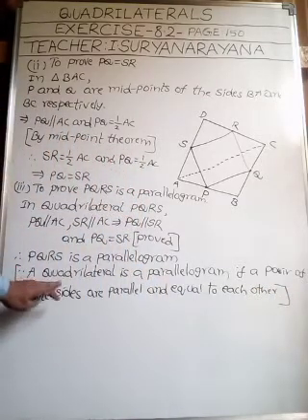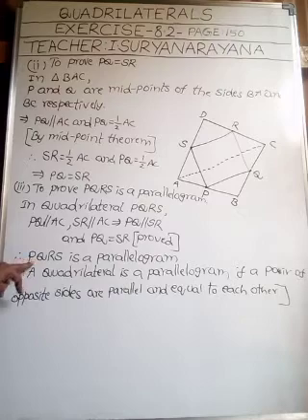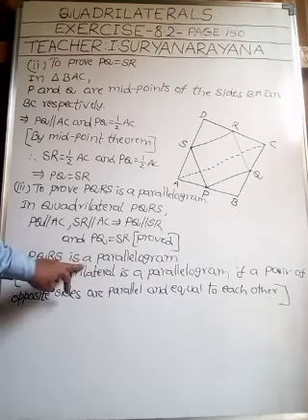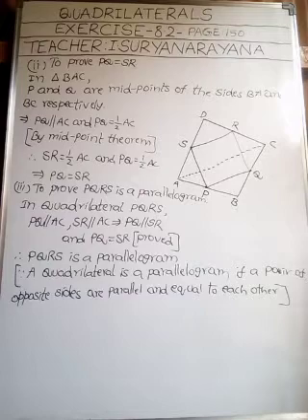Okay, my children, by using this property, we concluded that this quadrilateral is a parallelogram. Understood this step, my children? Right. So, hence proved. We have proved all the three parts.